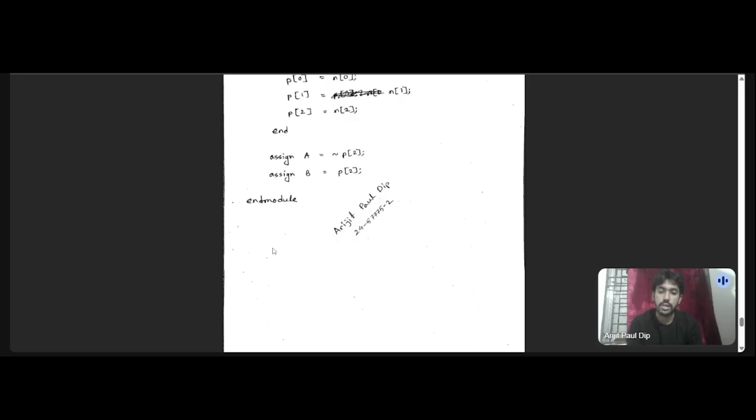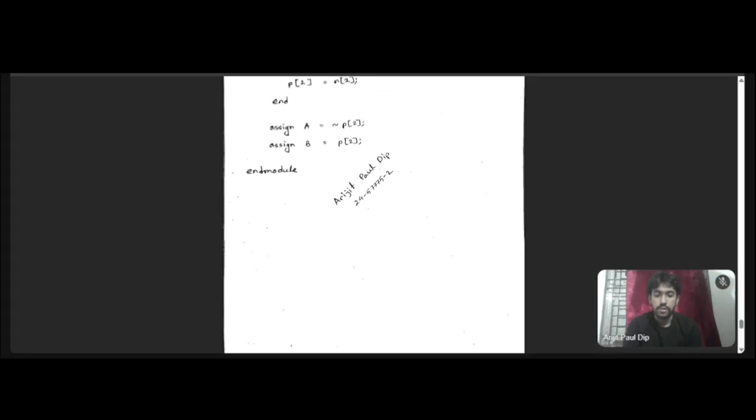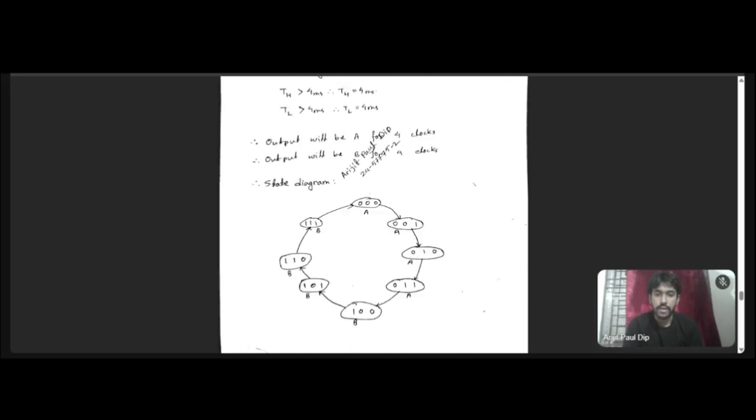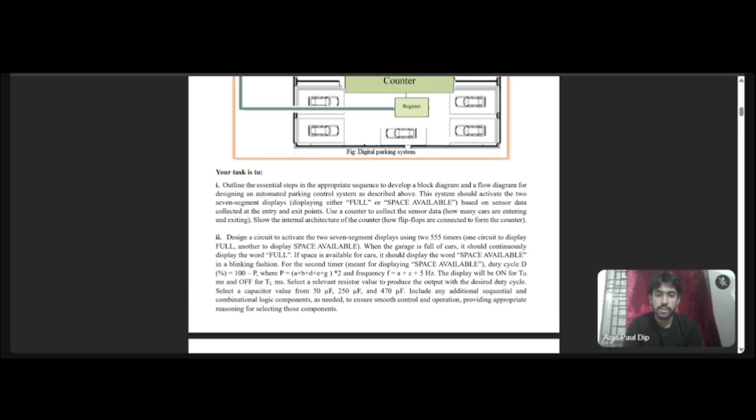So this is what I have written: A equals to not p2 and B equals to p2. And for task 4 we were asked to identify the limitations of the given circuit and suggest some improvements to it.